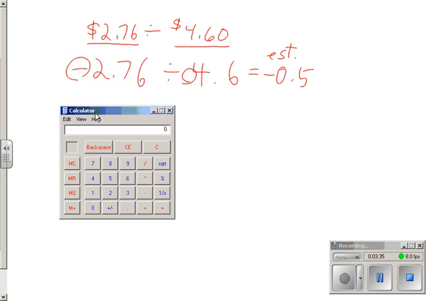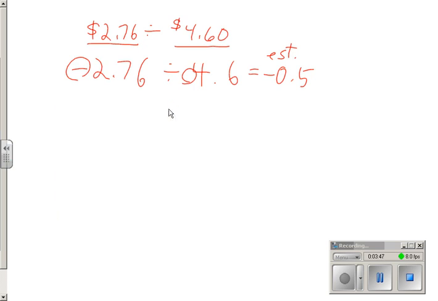If you can estimate it properly, that's all you need to do. So negative 2.76 divided by 4.6 equals, your actual answer is negative 0.6. So your estimation was pretty darn close by using that method. And your actual answer is this, and that's all you need to do.